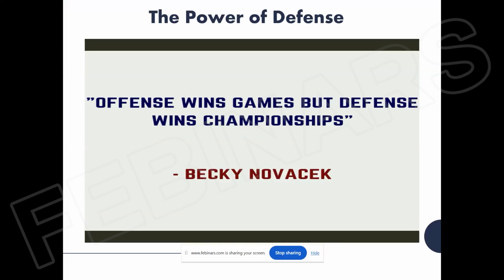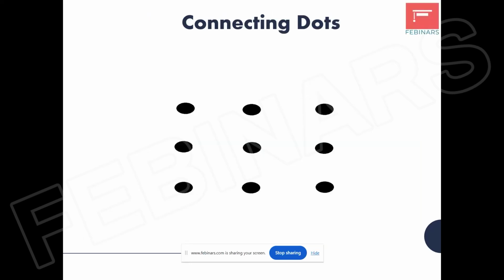Again, I'm going to repeat last week's powerful quote: Offense can win you games, but defense can win you championships, as quoted by Becky Novak. I'm going to give you a small puzzle here. There are 9 dots. Just connect these 9 dots with 4 lines without lifting your pen or pencil.